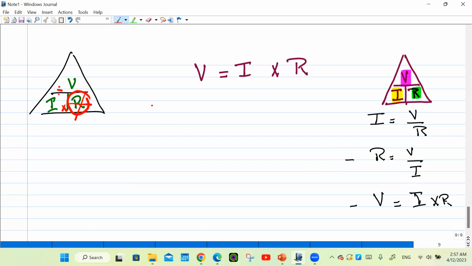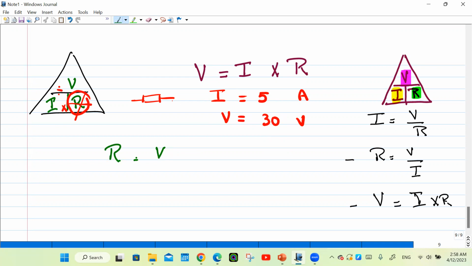Okay, let's take an example. If you have a fixed resistor with a current equal to 5 ampere and a voltage equal to 30 volt, to calculate the resistance you have the voltage and the current.